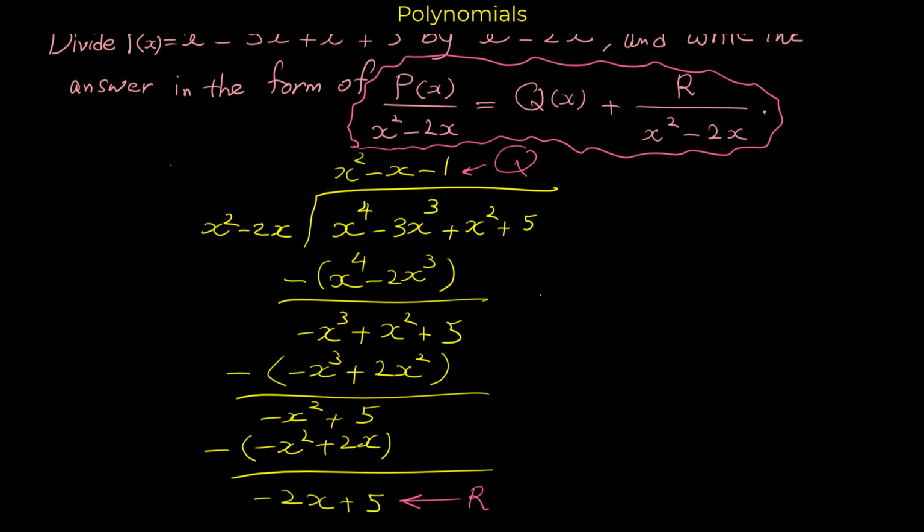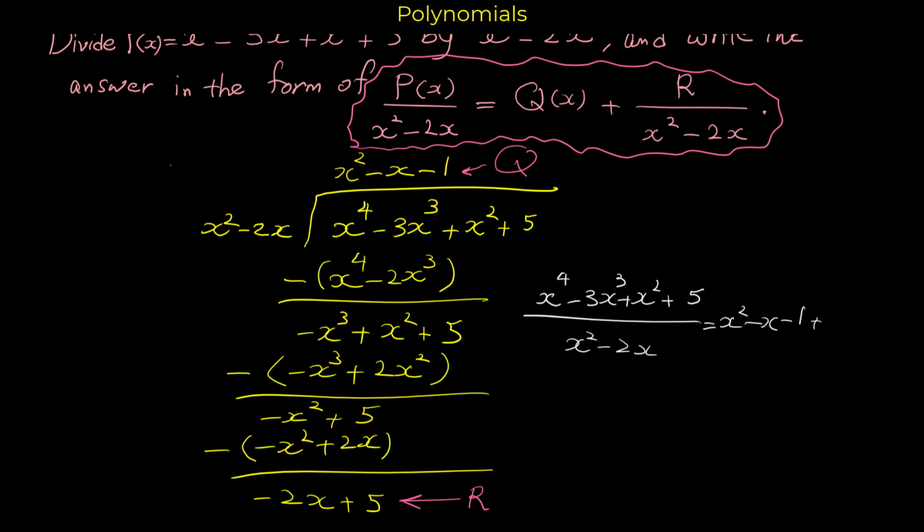So p of x, which is x⁴ − 3x³ + x² + 5, is divided by x² − 2x. As the quotient, we got x² − x − 1. So this is minus x. And for the remainder, we got negative 2x plus 5.